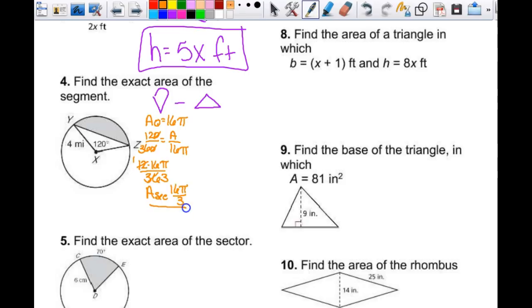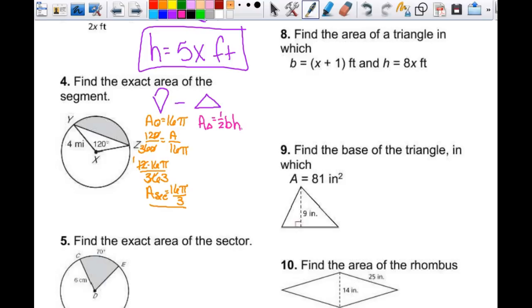I'm not done because I've got to find the area of the triangle so that I can then have the area of the segment. So for the triangle, I know to find the area of a triangle, it is 1/2 base times height. All right, well, I don't know the base or the height of the triangle.